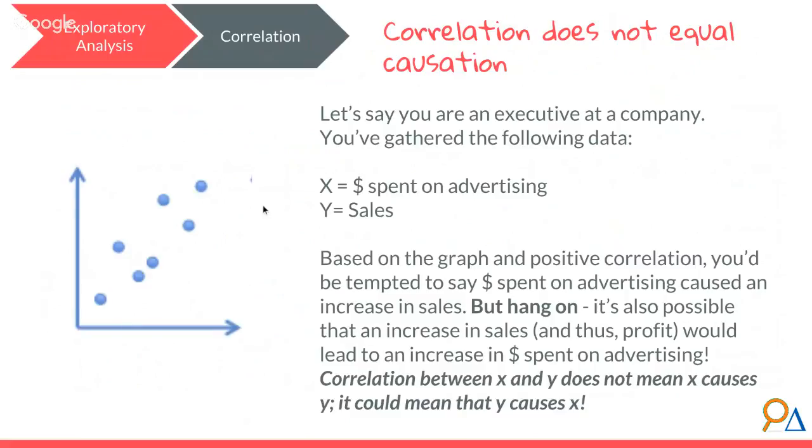Based on the graph and the positive correlation, you'd be tempted to say the amount spent on advertising caused an increase in sales. But it's also possible that an increase in sales led to an increase in the amount spent on advertising. So just because there's a correlation between x and y, it doesn't mean that x causes y or vice versa.